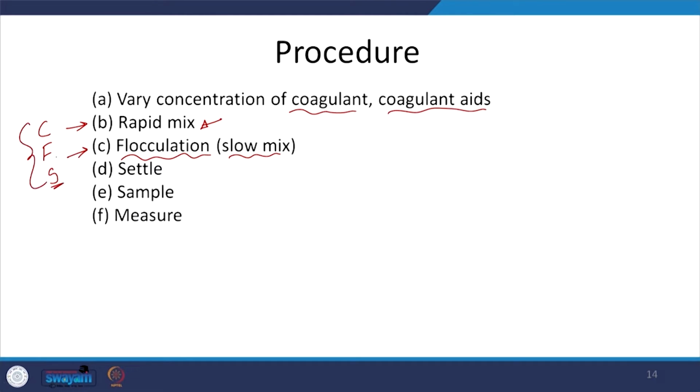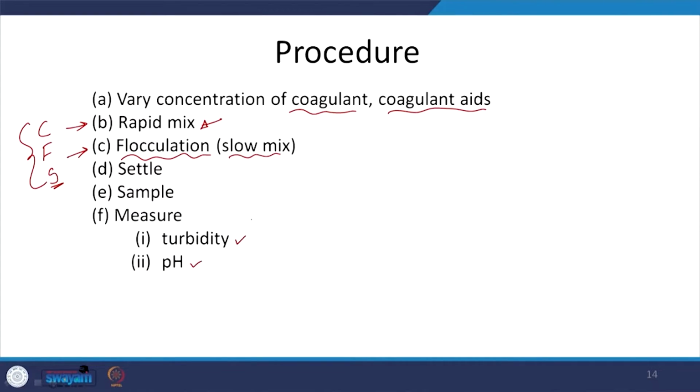So then I will test the sample for turbidity and also pH, because after addition of alum or some of the other coagulants, you know that the pH will decrease. You want to see whether that pH decrease is acceptable or not. So thus you will measure pH. Turbidity is our primary concern, as in we are trying to measure how much suspended solids we were able to settle down.